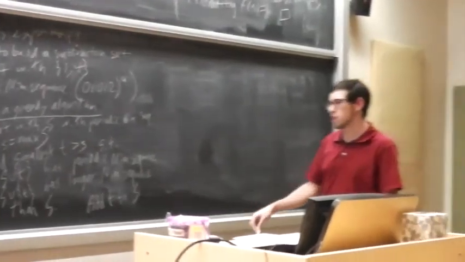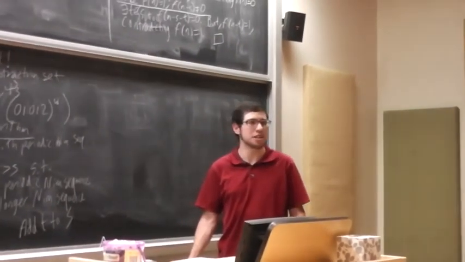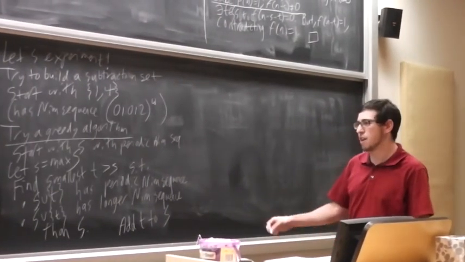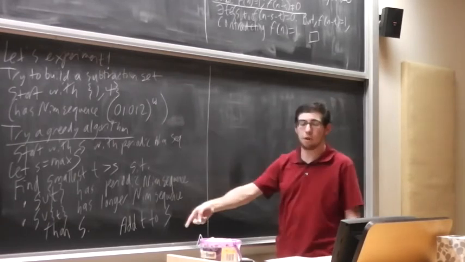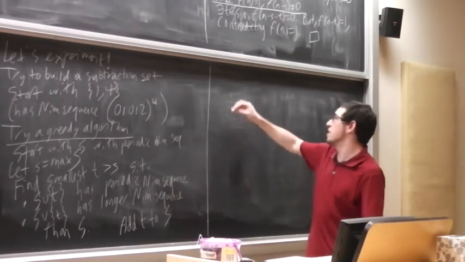A priori, there doesn't appear to be a reason why such a t exists, but it turns out that it does. And if we just try to run this algorithm, we get the following set.